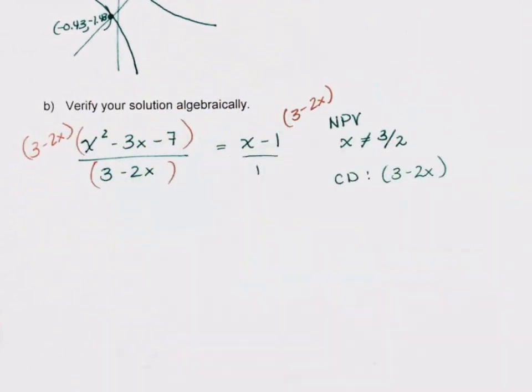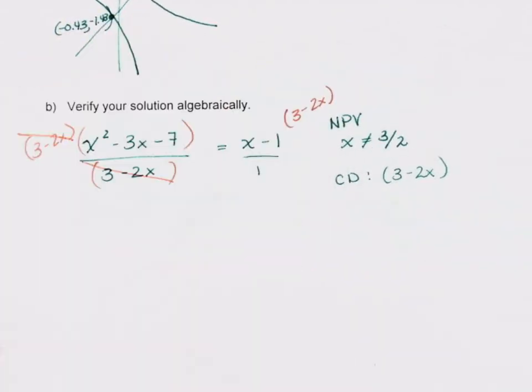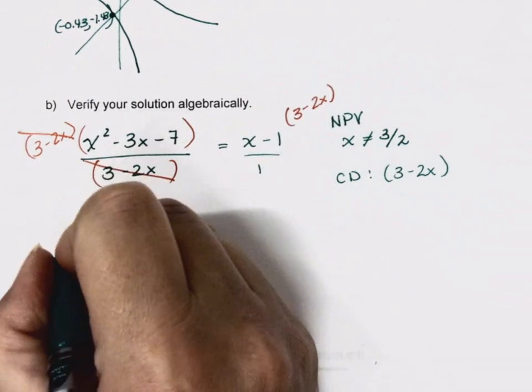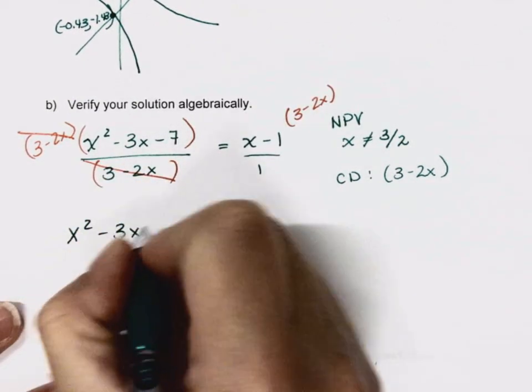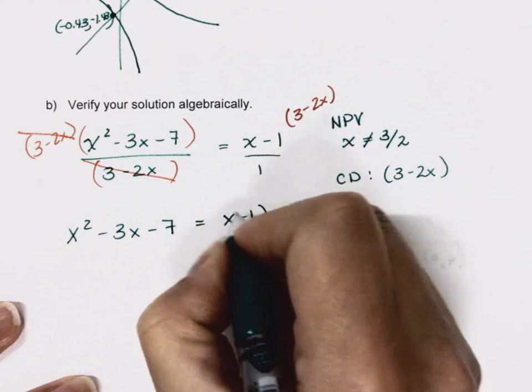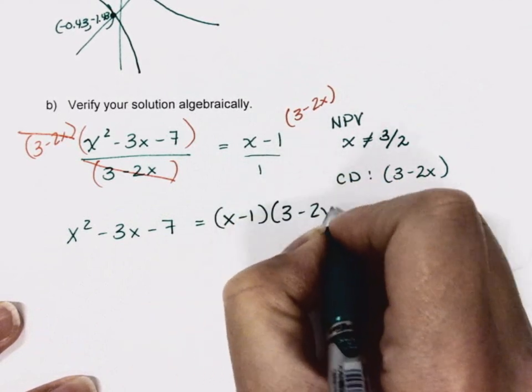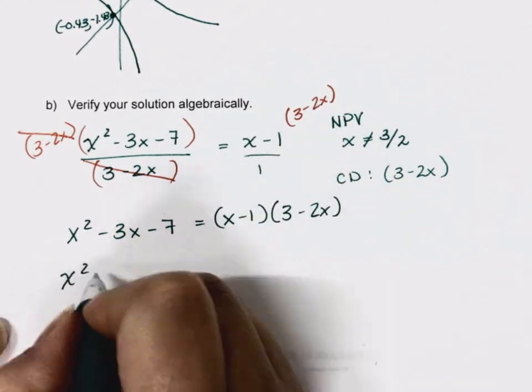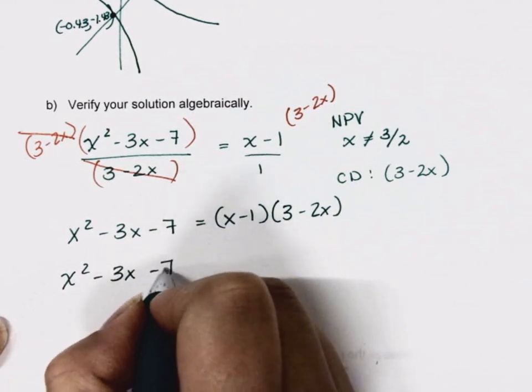Just like when I put it in my calculator, I had to use brackets. You're going to treat it like it's the same. These are going to cancel each other out. So I'm going to be left with x squared minus 3x minus 7 equals x minus 1 times 3 minus 2x. So I got some multiplying there to do.